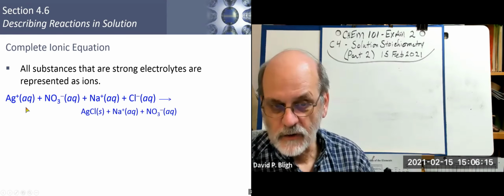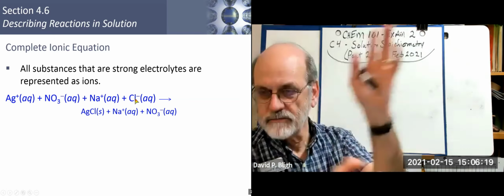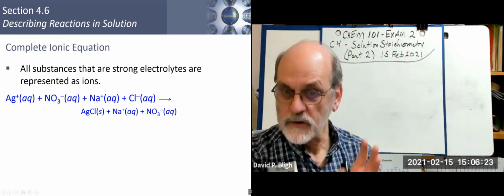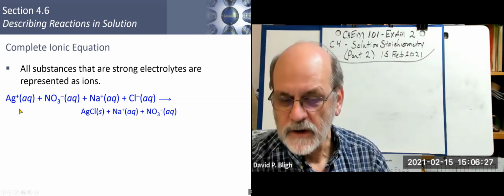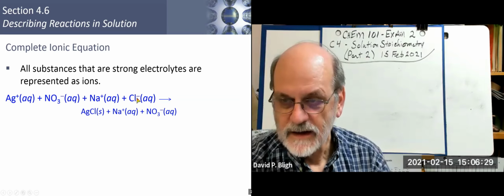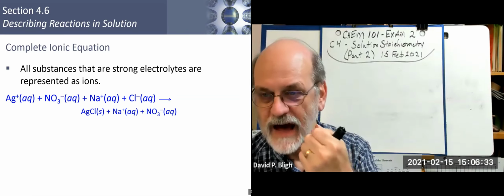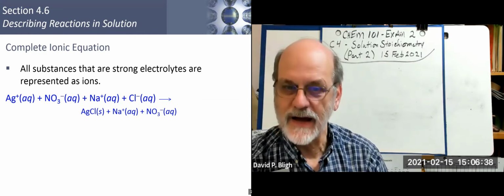So if we break it apart, after we balance it, then this is what we actually have. Silver ions, nitrate ions, sodium ions, chloride ions. They're all just mixing it up, solutes in the solution until they meet. And when the silver meets the chloride, they form a very strong bond. It will not allow the ions to re-enter solution as ions.